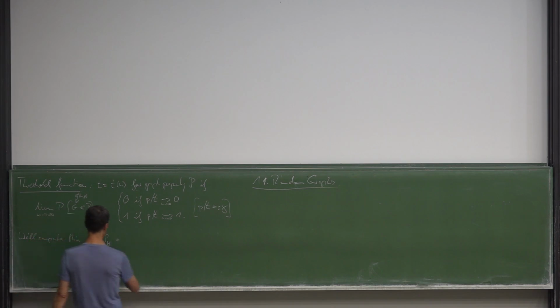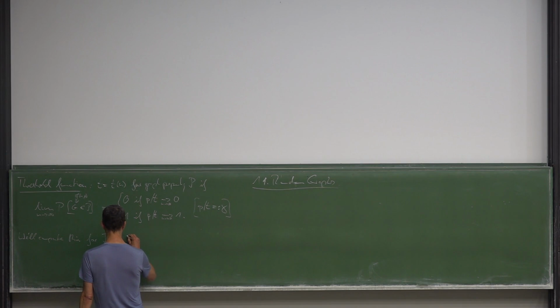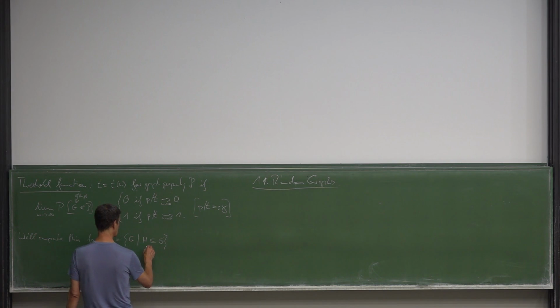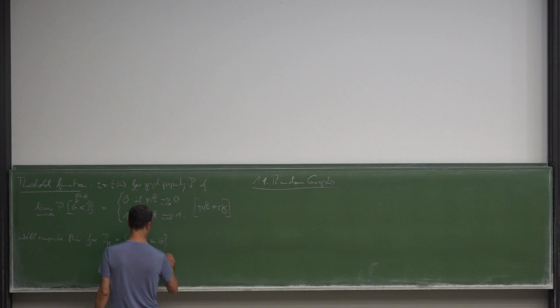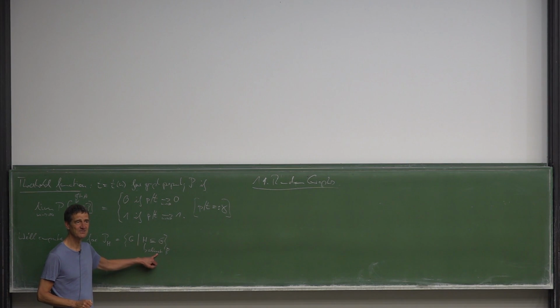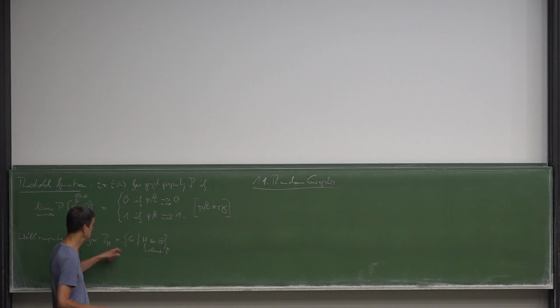So P_H is the property that G contains H. Abstract is a little sort of dubious wording. What I mean is H is some graph, and P_H is the property that G has a subgraph that's isomorphic to this H.